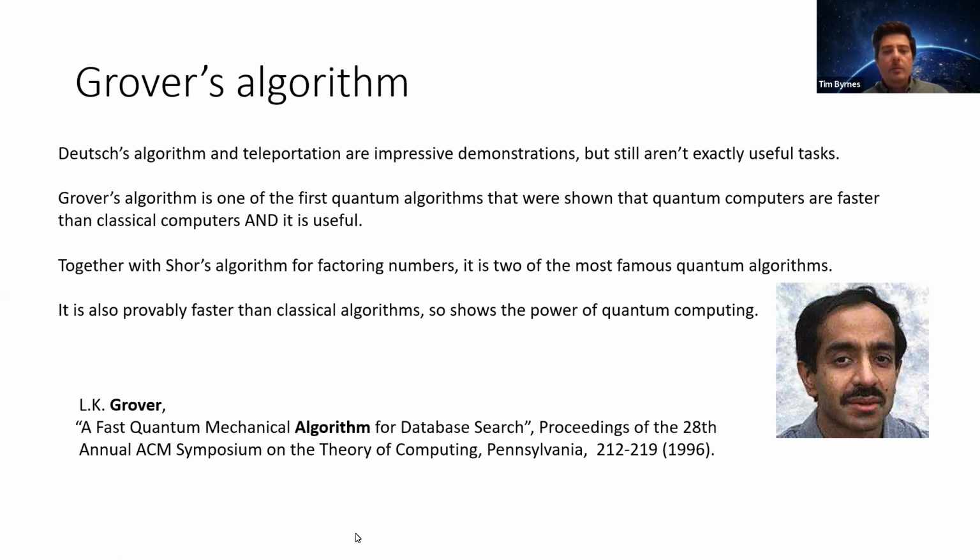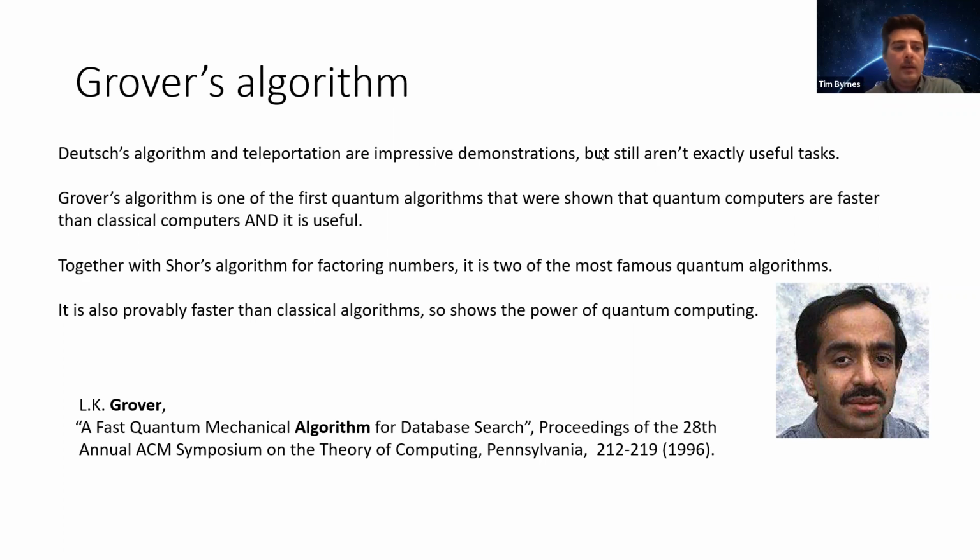You can't really use Deutsch's algorithm for anything except a demonstration to show that it's possible to do something faster with a quantum computer. But Grover's algorithm is potentially extremely useful. So it shows a quantum speed up.